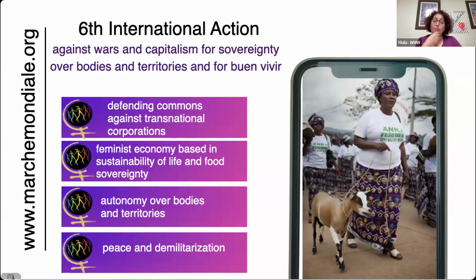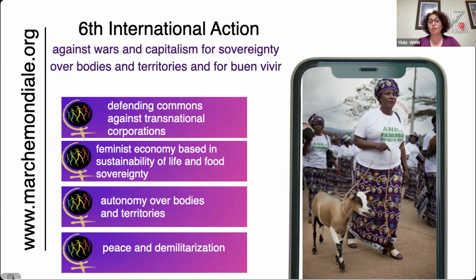This is a very important alternative because, as we all know, economy is at the center of unequal power relations. If we want to change these unequal power relations, we have to struggle in this economic field. So the feminist economy is the subversion of capitalist economy. So this is the core of our struggle.